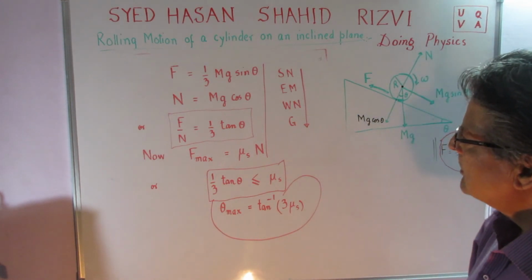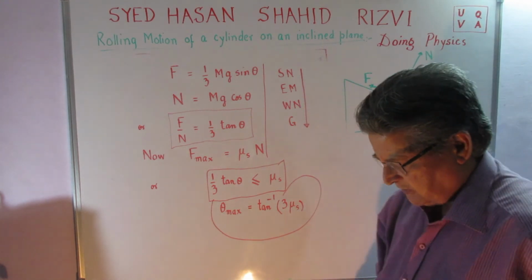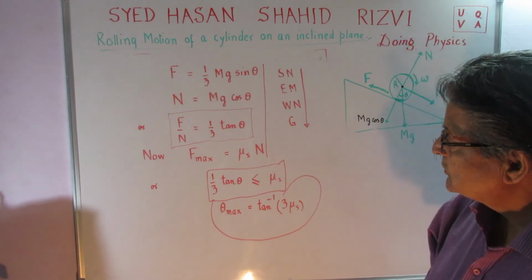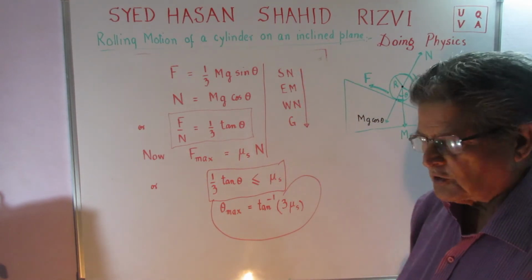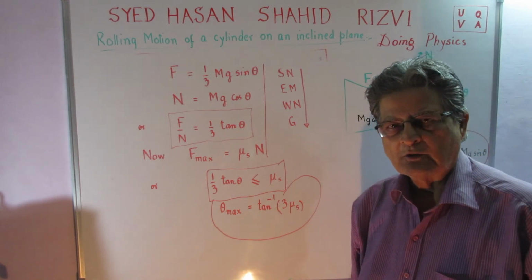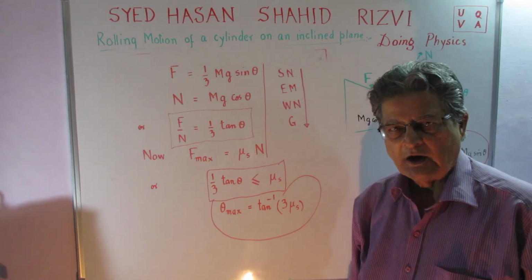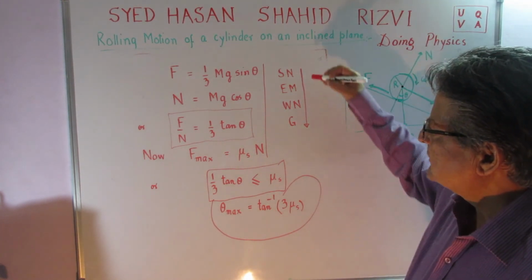Many times the weak nuclear forces are strong as compared to the gravitational force. Electromagnetic are stronger as compared to the weak nuclear force, and the strong nuclear force holds the protons and neutrons inside the nucleus.